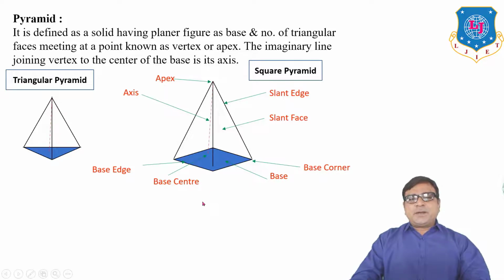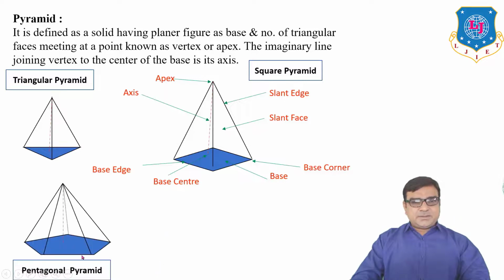In all pyramids and prisms, the angle between the axis and the base is always 90 degree. So this type of solids are known as right solid. But in oblique solid, the angle between axis and base is not 90 degree.